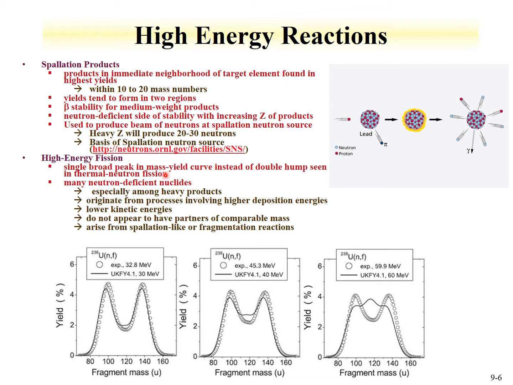The other reaction that will occur is that you can still induce fission with high energy neutrons, but the distribution of the fission products will change. Here is an example of some data for uranium fission by successively higher neutron energies: 30, 45, 60 MeV.